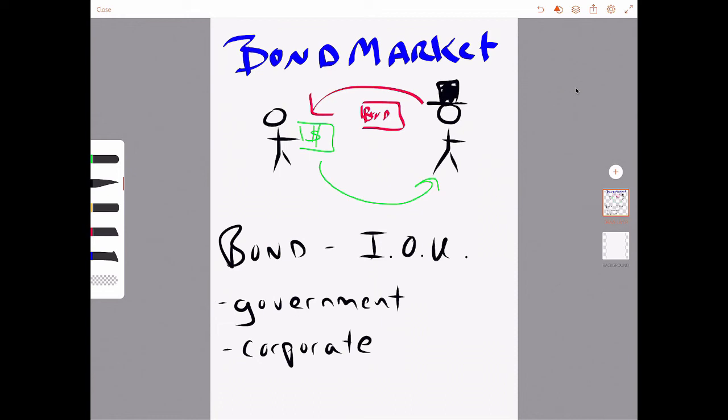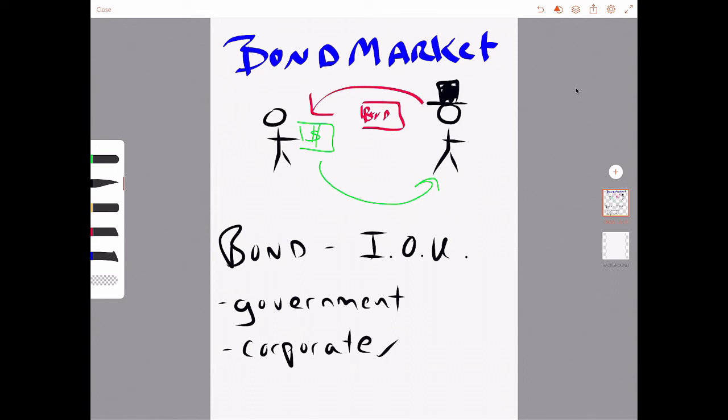We're going to focus our attention mainly on corporate bonds for now, because corporate bonds are how investors get money. We'll talk more about government bonds when we talk about the Federal Reserve Bank. But in this case, since we're talking about the loanable funds market, we're talking about how businesses acquire savings so that they can invest.